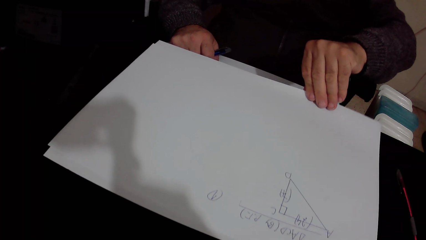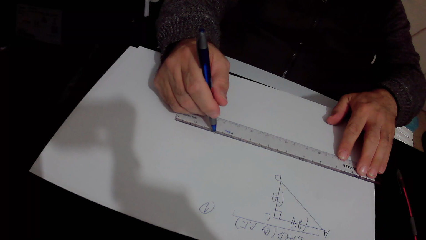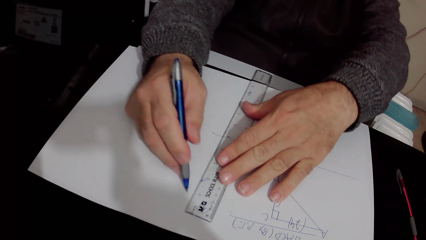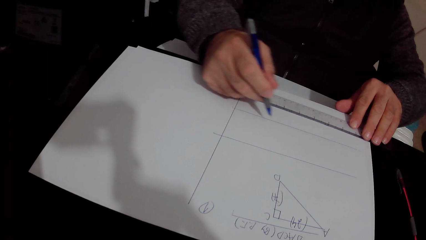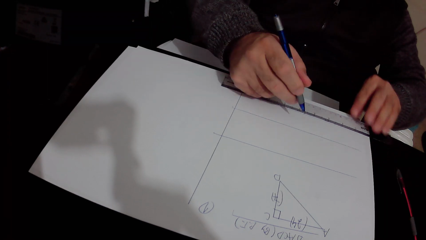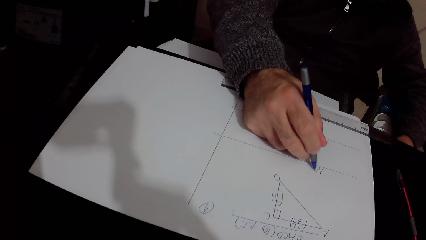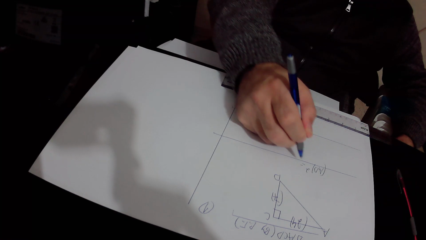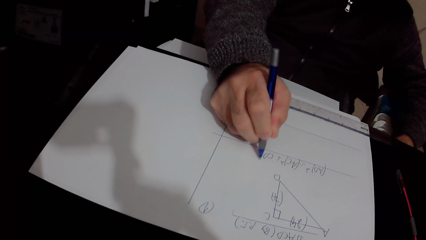In this right triangle, according to the Pythagoras theorem, we will get that AD square equals AC square plus CD square.